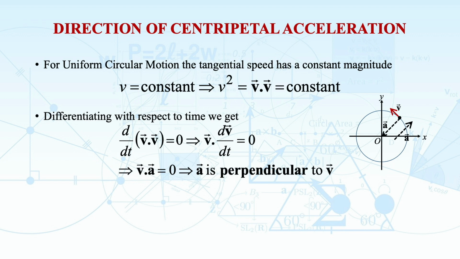So once again, we use the same logic to say that V and dV/dt, because the scalar product is 0 and neither of these is a null vector, they must be perpendicular to each other.